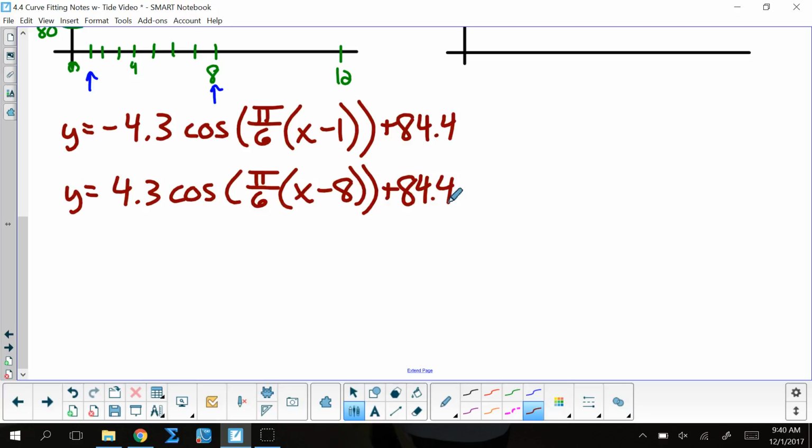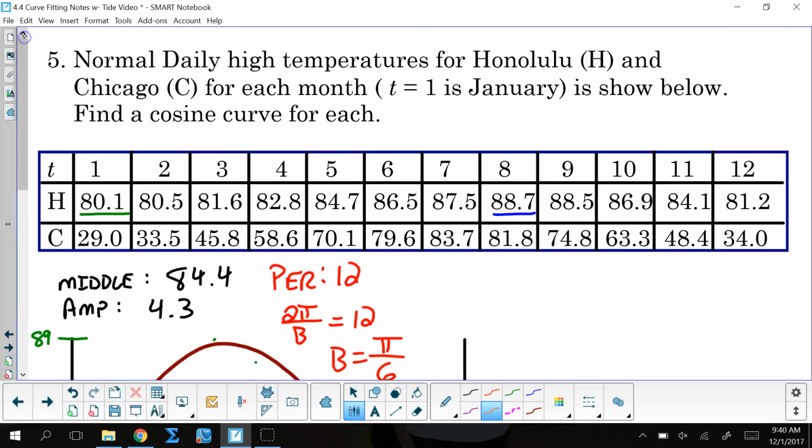Or, if I wanted to get crafty, I could add 12 to these numbers in that column. I could add 12 or subtract 12, and they would be the same, because 12 is my period. How did I get 4.3? I figured out where my high was and where my low was, added them together, divided by 2.